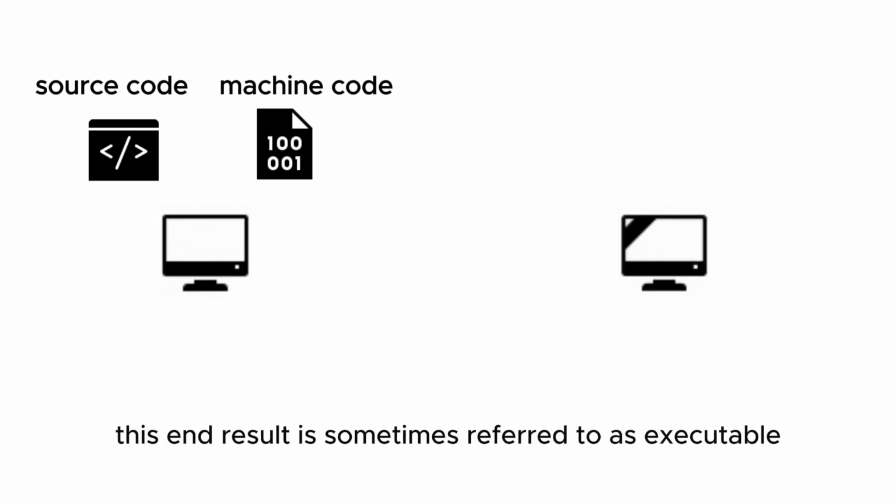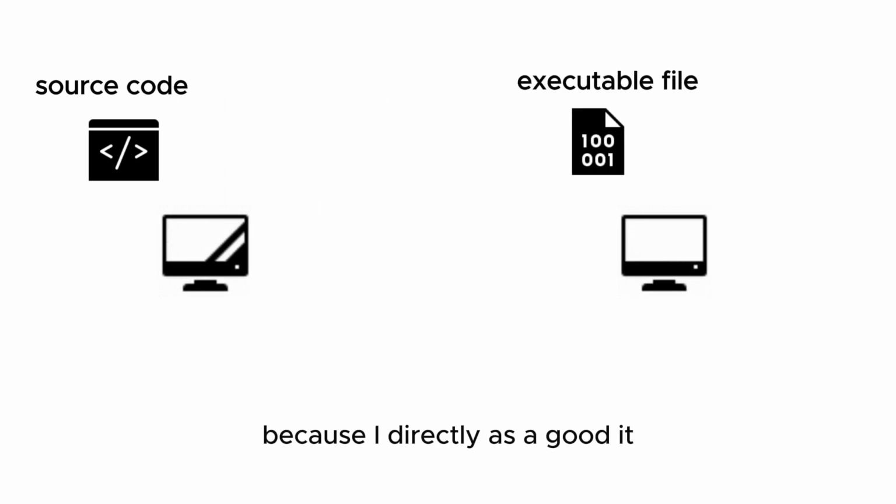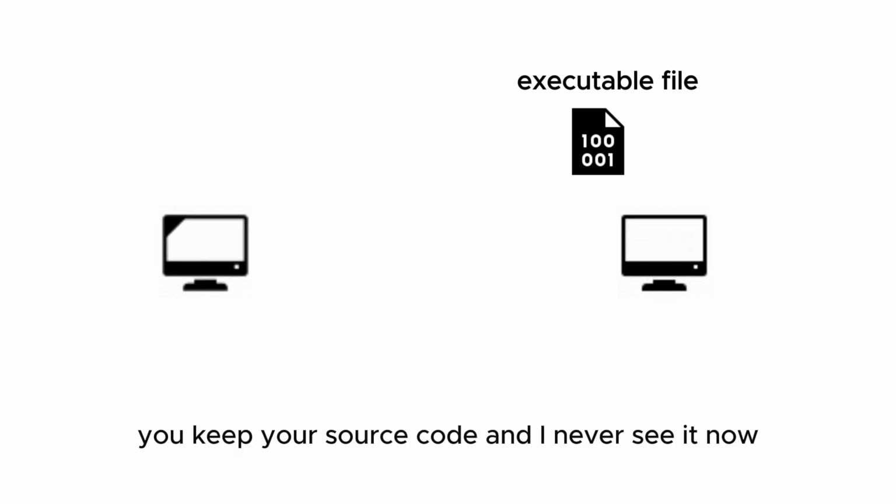This end result is sometimes referred to as an executable file. Because I directly execute it, I can now just run your program. You keep your source code and I never see it.